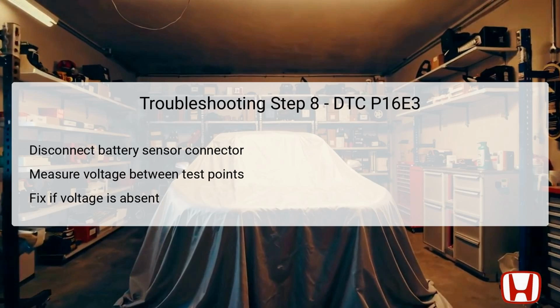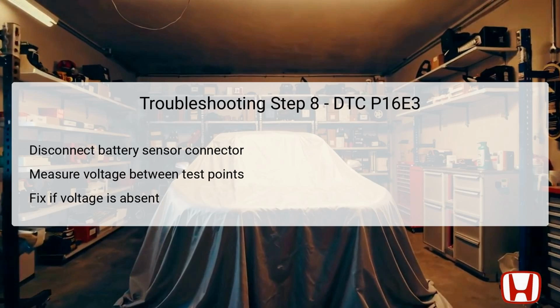Step 8 requires further examination by first disconnecting the 12-volt battery sensor 3P connector again. This is crucial for safely measuring voltage between designated test points. Specifically, you should measure the voltage between terminal number 2 of the battery sensor connector and the body ground. Your primary goal here is to determine whether battery voltage is present.